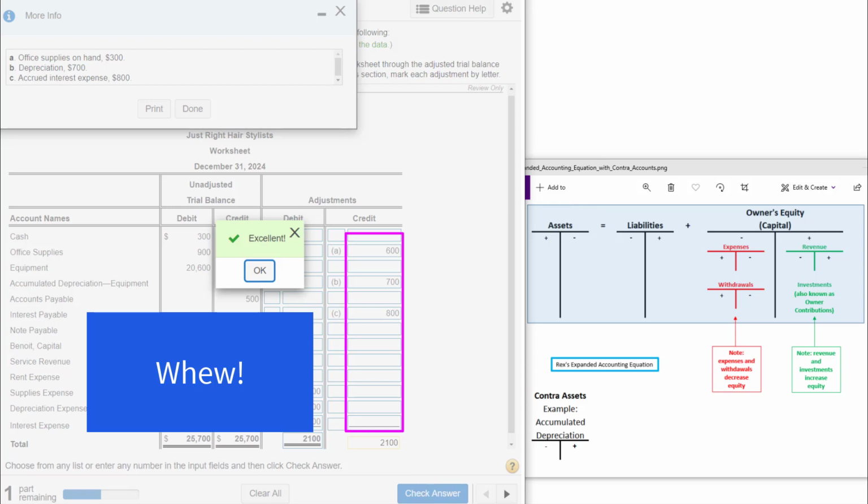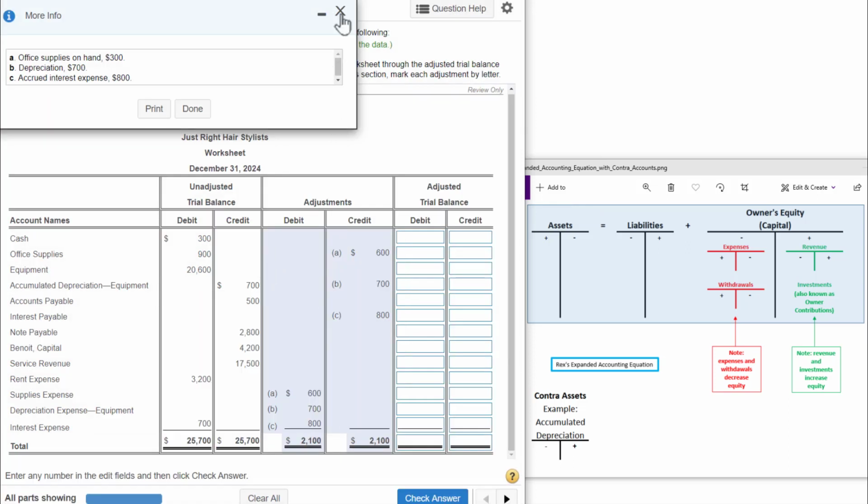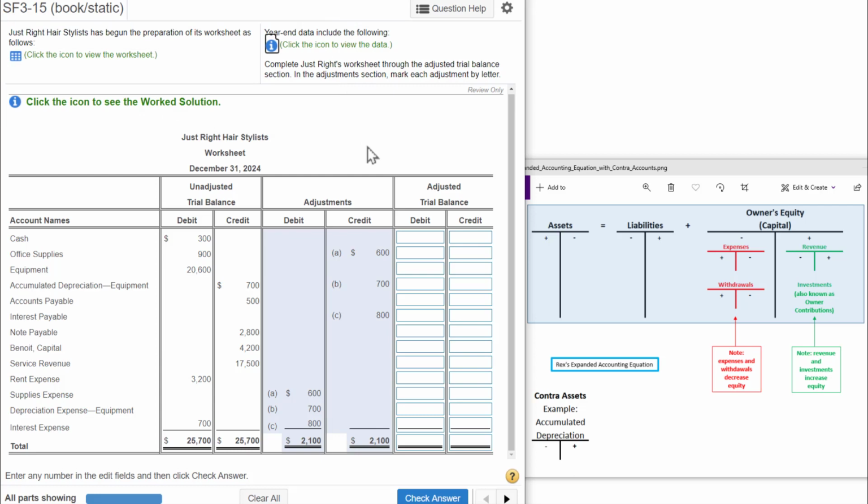Wow, that took a long time. Excellent. So I can close this window. I don't need it anymore.